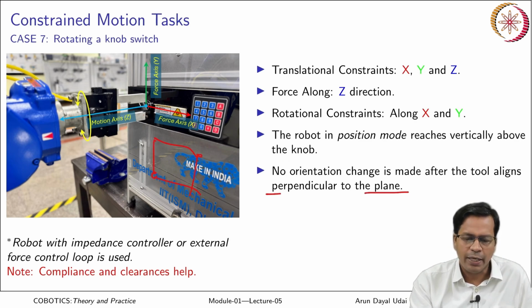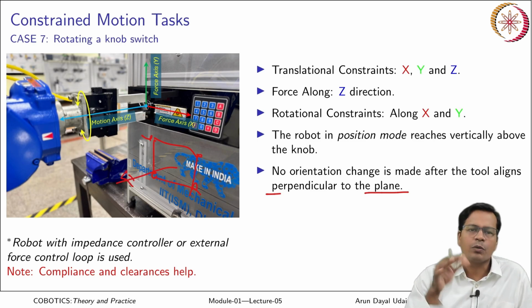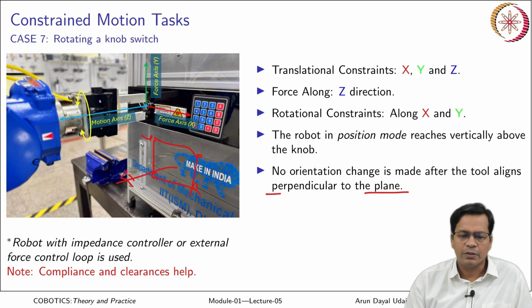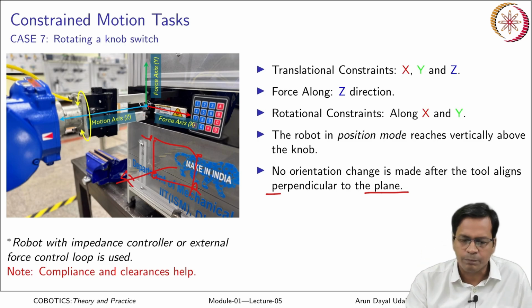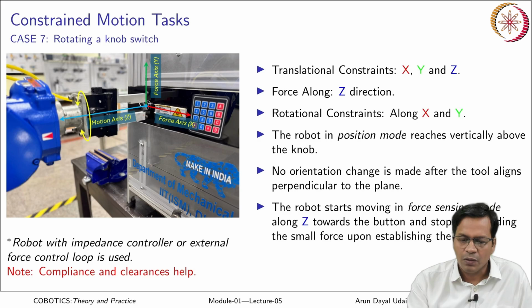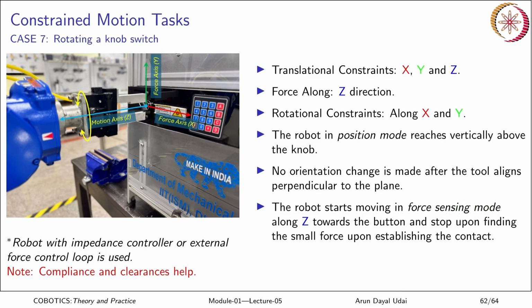So, you again may have markers, the normal to the surface is detected and the robot is aligned exactly perpendicular to this surface before lowering to the surface. Okay, the robot starts moving in force sensing mode along Z towards the button and stops upon finding the small force upon establishing the contact.